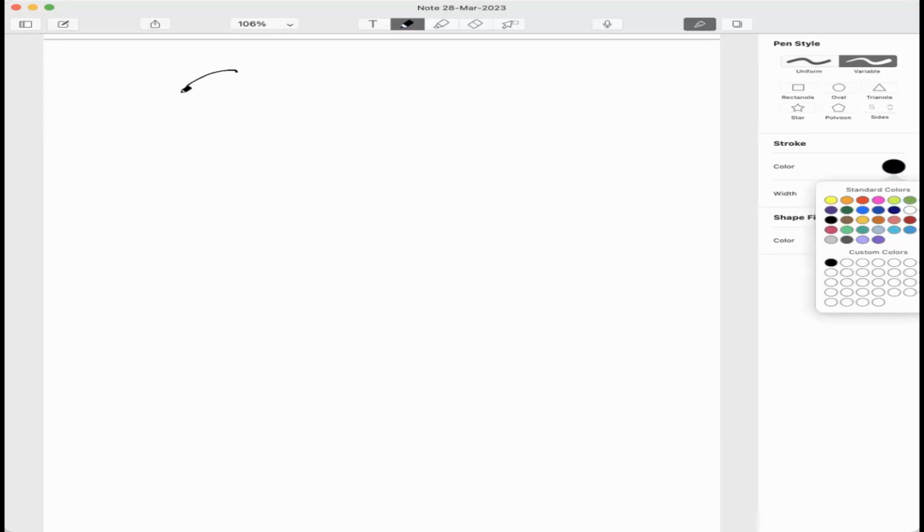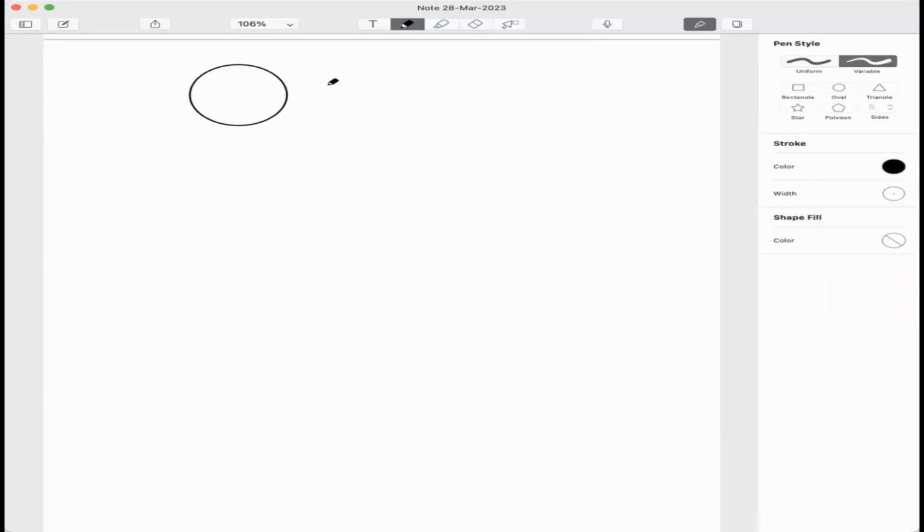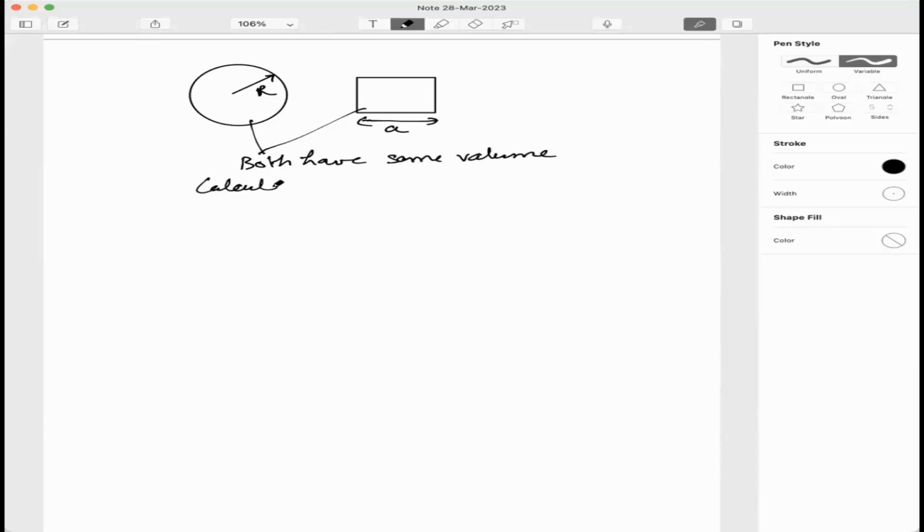So we have a sphere of radius r and a cube of length a. Both have the same volume.